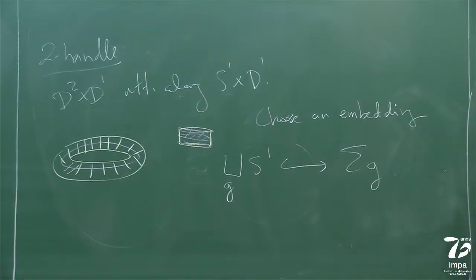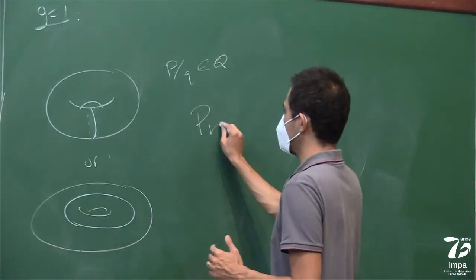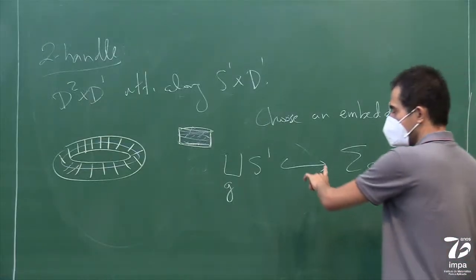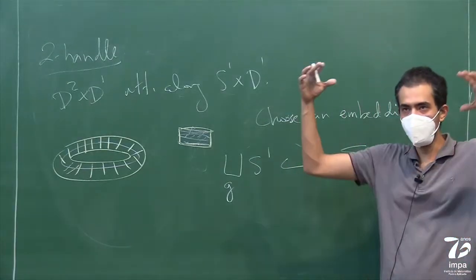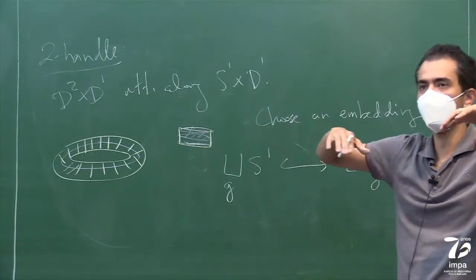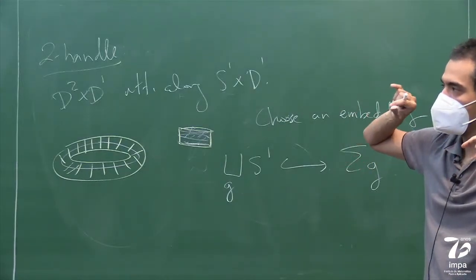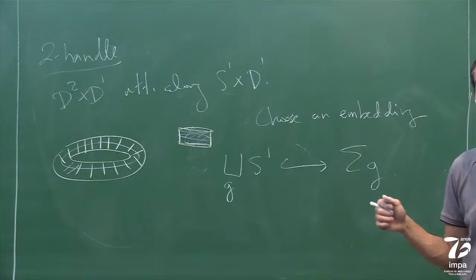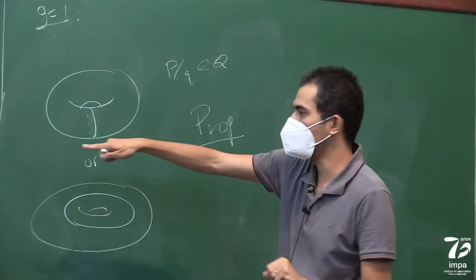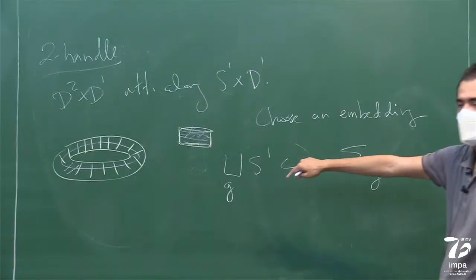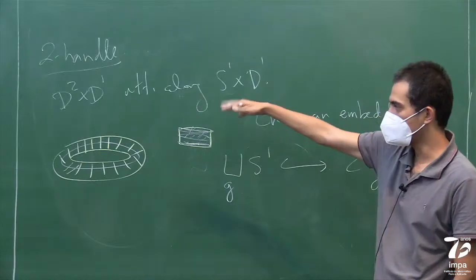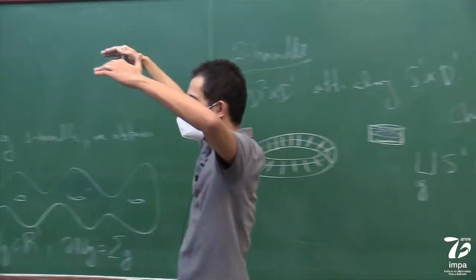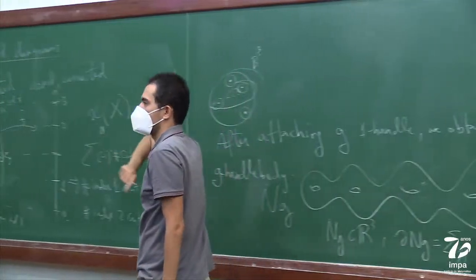And a proposition, which I'm not going to prove, is that if you choose these in a nice enough way, after you attach these G two handles, then you actually get back to a sphere. So if these are chosen in a sufficiently nice way, then after you attach the same number of two handles that you had of one handles, you end up with a two sphere that can be capped off by a ball.